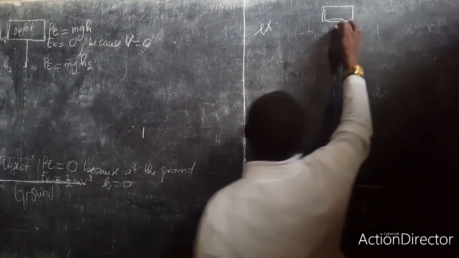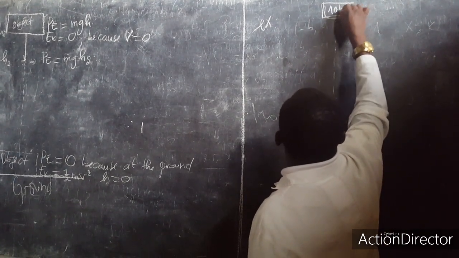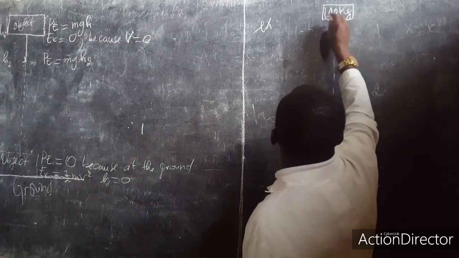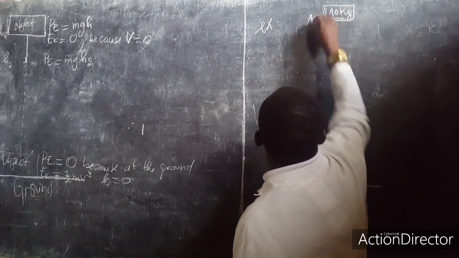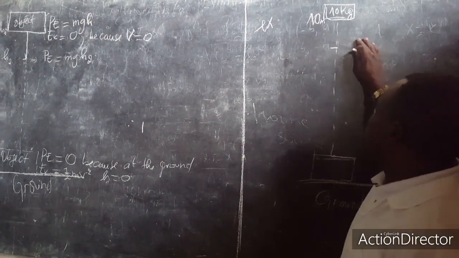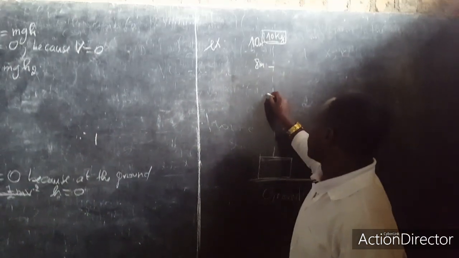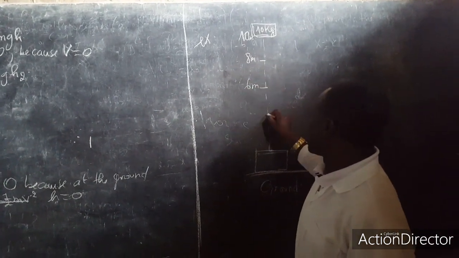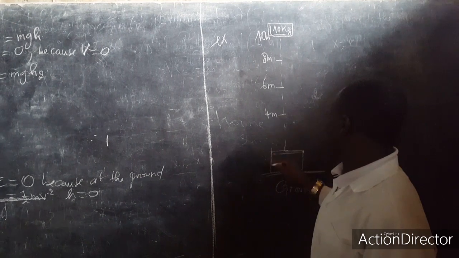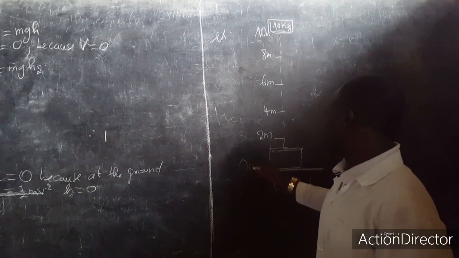So let us suppose that our object has a mass of 10 kilograms, and here we have a height of 10 meters. We are going to find the potential energy at the points where we have 8 meters, 6 meters, 4 meters, 2 meters, and 0 meters.